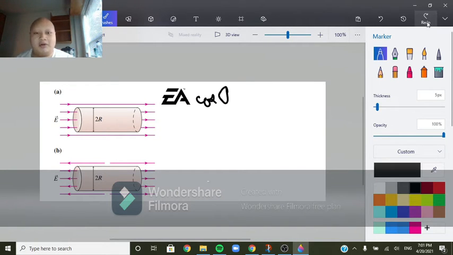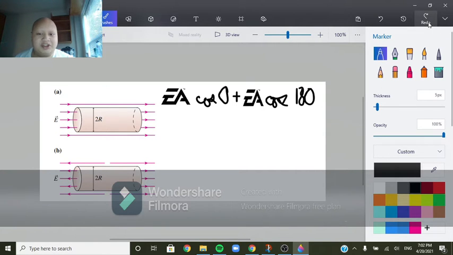Assuming that we're getting the difference between the two, we're going to get the sum of the two electric fields, the left side of the electric field and the right side. We have EA times cosine of zero on one side and EA times cosine of 180 degrees on the other.